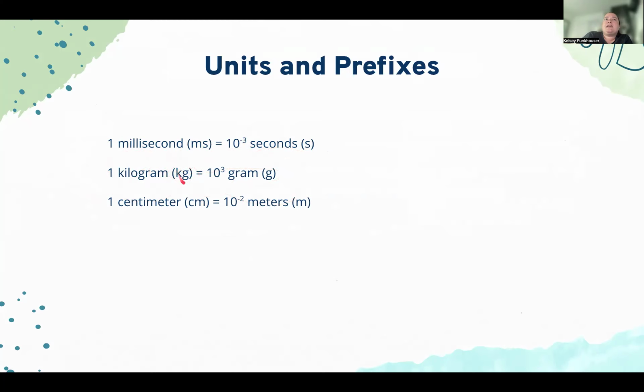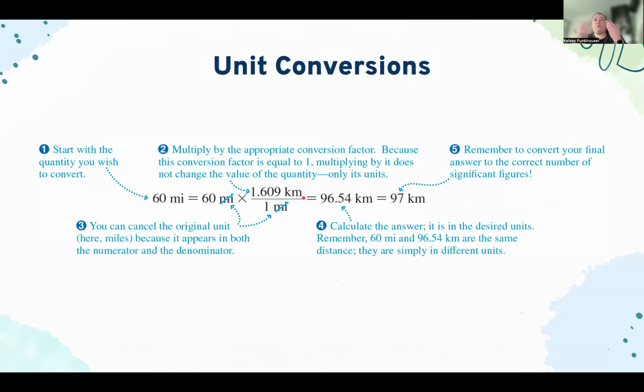But kilogram is given as kg, and that's 10 to the 3 grams, which is g. And then a centimeter, which is cm, which I'm sure you've seen before, is 10 to the negative 2 meters, which is just m.